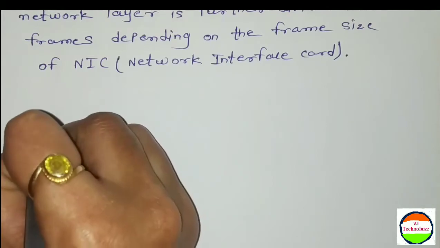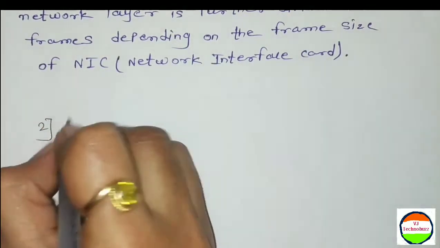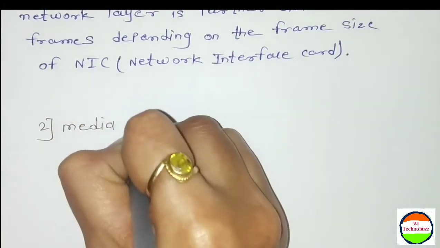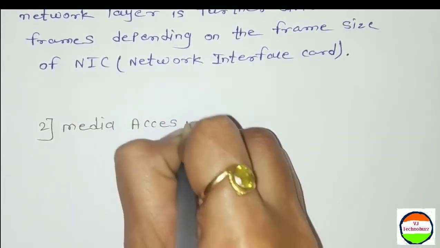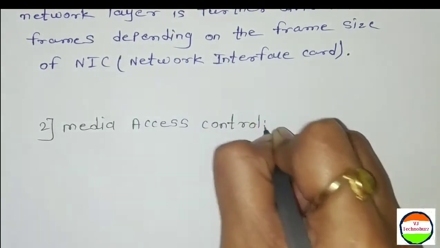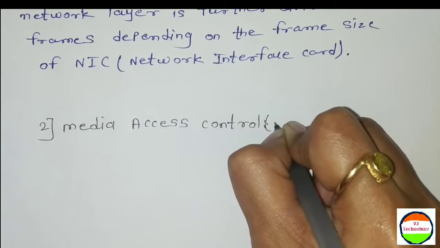The second sub layer of the data link layer is media access control, that is MAC.